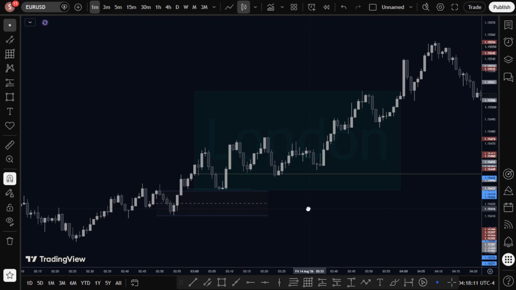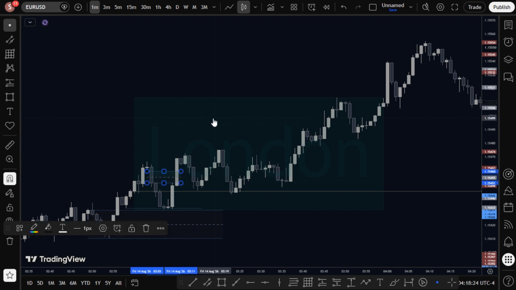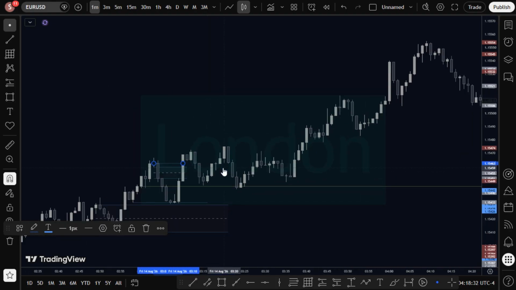And then what we want to see is an inversion fair value gap, and a change in state of delivery. Change in state of delivery is important and compulsory, as well as fair value gap. So there must be a change in state of delivery. So two compulsory things: change in state of delivery and fair value gap.